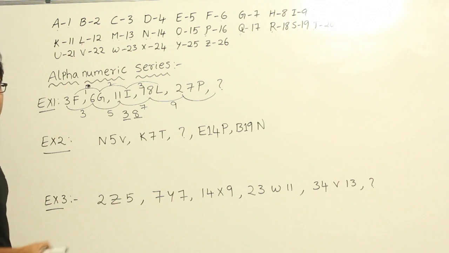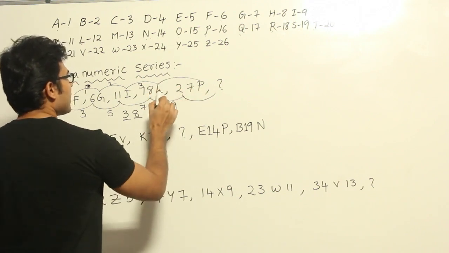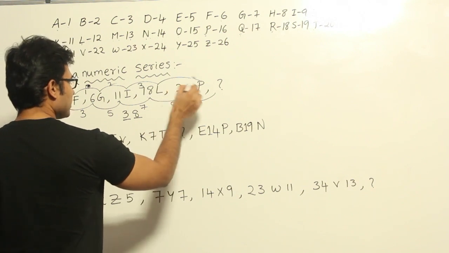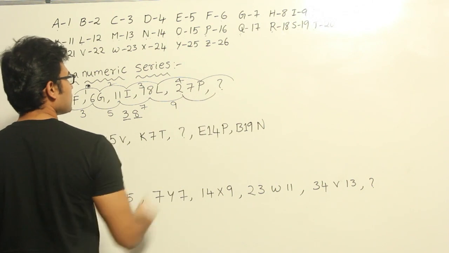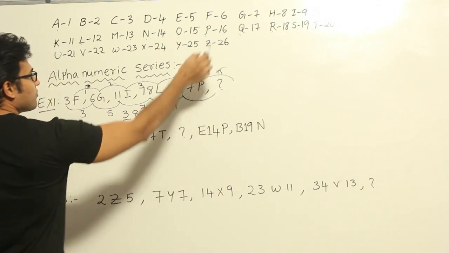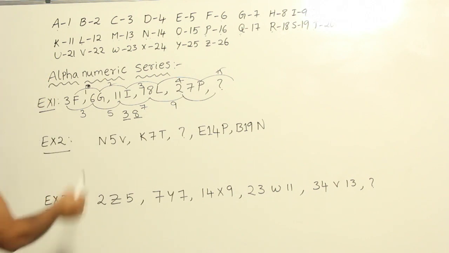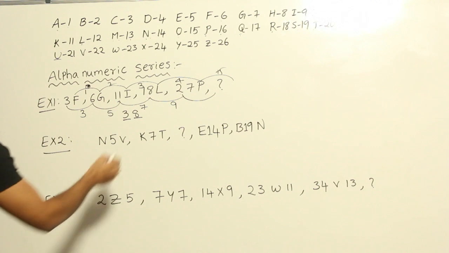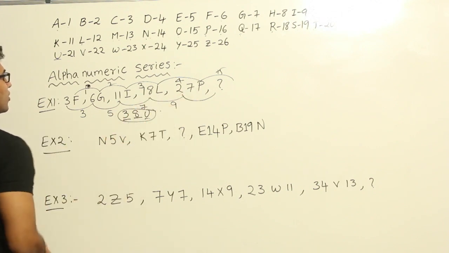Then J, K, L, M and O are missing, which means 4 is the count incremented, and therefore the next one has to be plus 5. So you take P and do plus 5. P is 16 and 16 plus 5 is 21, therefore 21 is this U, therefore it is 38U. That is the term at the end of the series.